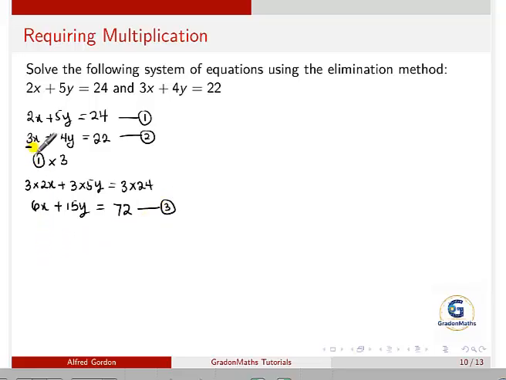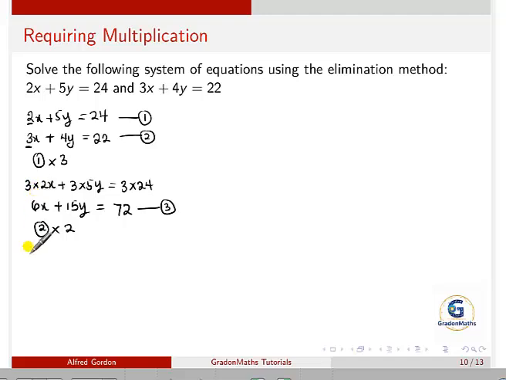Now let us transform our equation 2 also. We can multiply equation 2 by the coefficient of x in equation 1, so let's do equation 2 multiplied by 2.